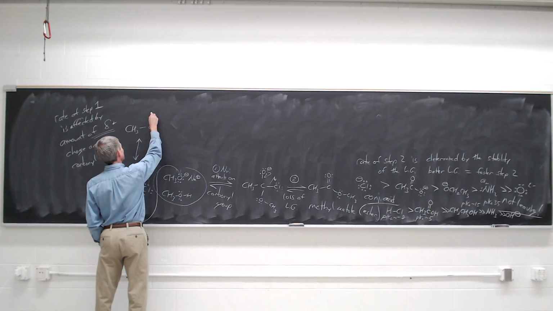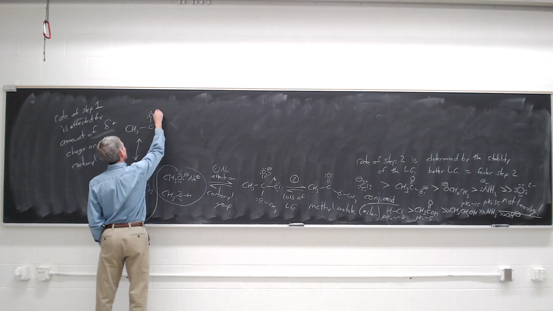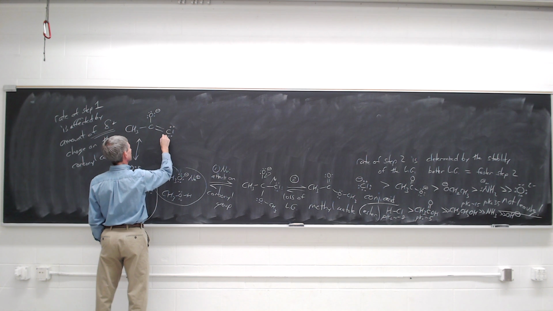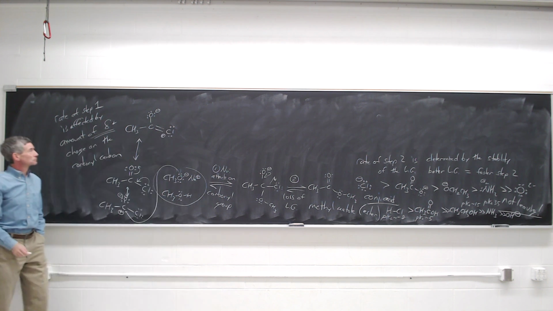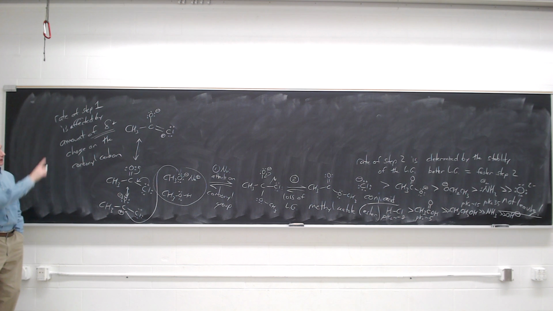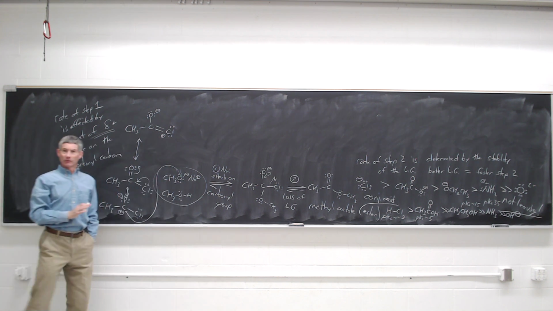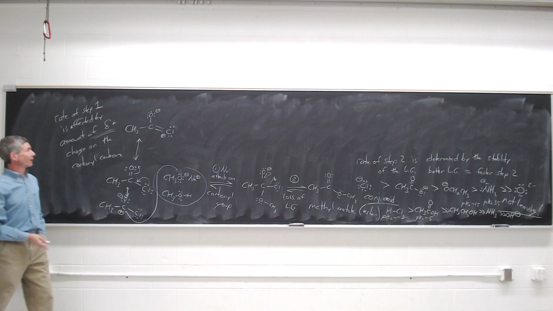And that's the resonance structure that looks like this. The greater the contribution of that resonance structure, the more stable the carbonyl carbon and the smaller the partial positive.